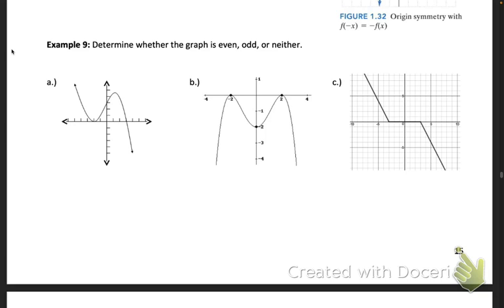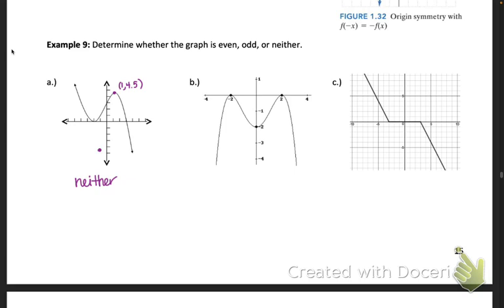This looks like the point maybe 1, 4.5. If it has origin symmetry, then negative 1, negative 4.5 should also be on the graph, which it is not. So this one is neither. It's neither odd nor even. It might have symmetry, but it is not specifically odd or even, okay?